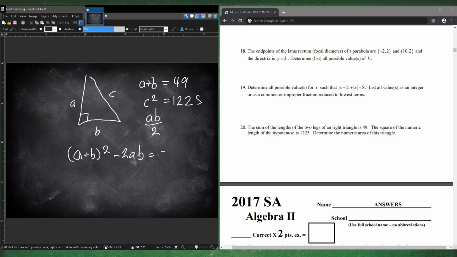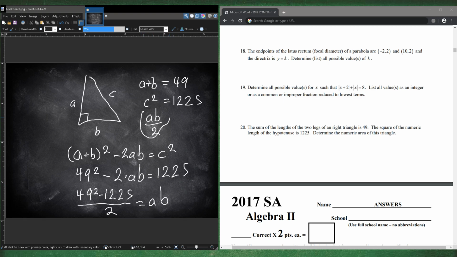So if this is equal to C squared, we just plug in every number we know. We know A plus B is 49, so 49 squared, minus 2AB is equal to C squared, which is 1225. So 49 squared minus 1225, divided by 2, is equal to our AB.